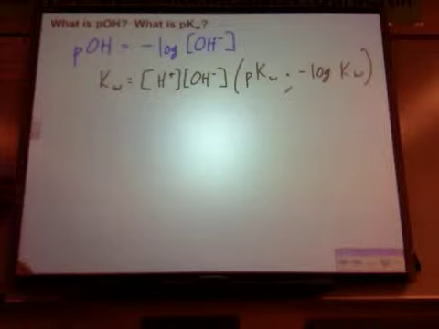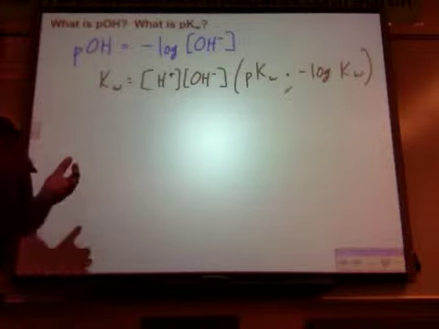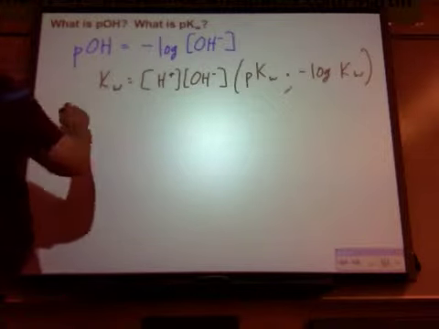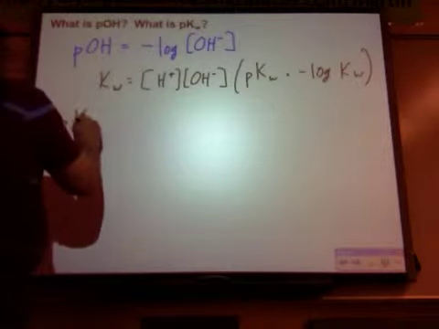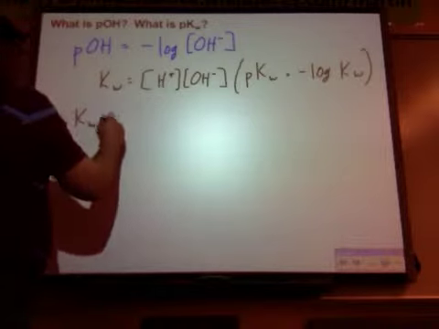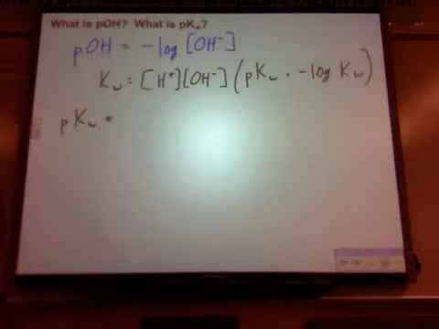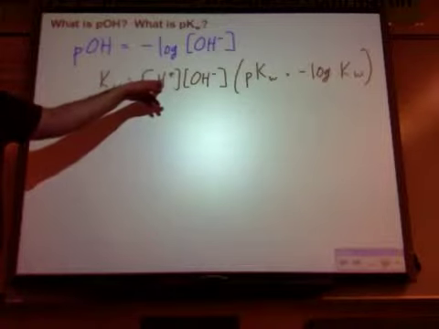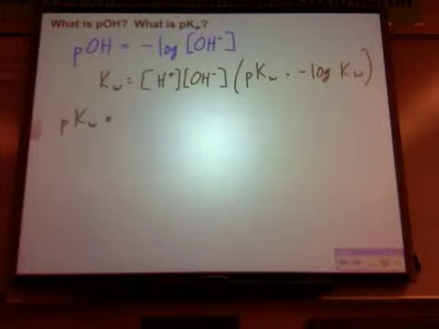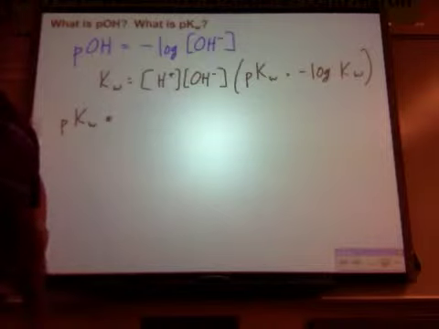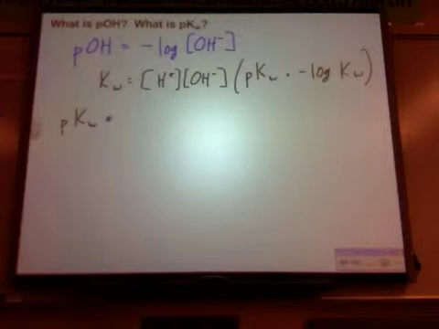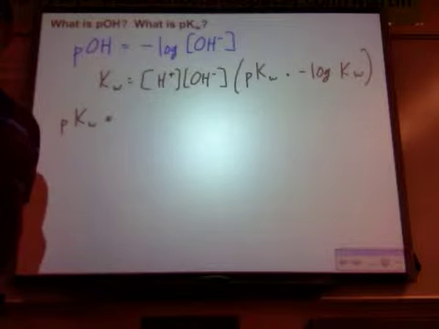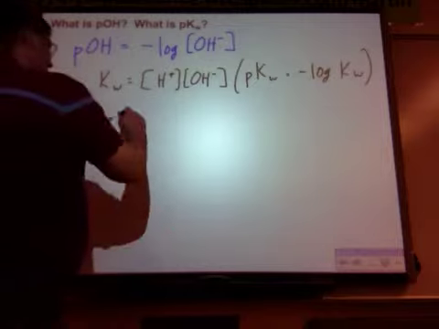Well, it's negative log Kw, which is pKw. So pKw is going to be equal to, what's the logarithmic form of hydrogen concentration? Negative log of H plus, which is, what did we call the negative log of H plus? pH.